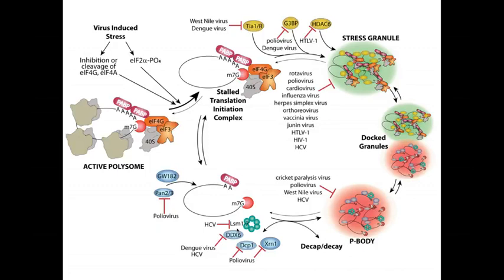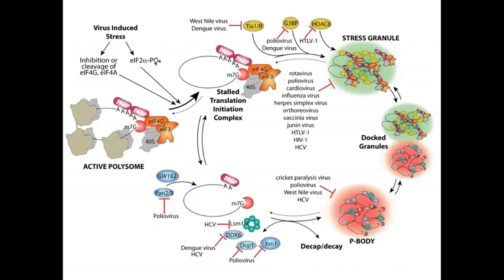Now, there are serious consequences of translational inhibition that go beyond what we have talked about so far. So let's say we have a cell which is making proteins. It gets infected by a virus. So here's our circular polysome. It's got ribosomes translating a circular mRNA. A virus infects the cell.